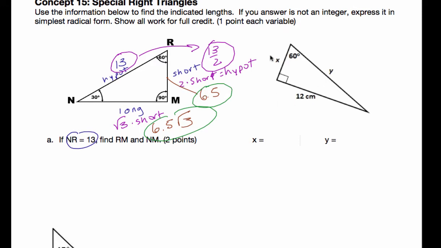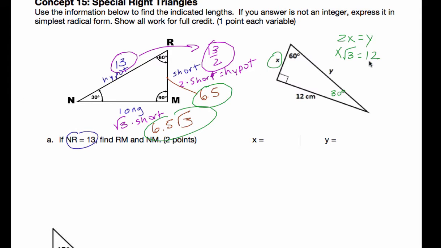Over here, this one's a little bit tricky. Okay, so 2 times the short leg, so 2x, because this is the short, because over here is 30. 2x is going to equal y, and also x square root 3 is going to give me my long leg, which in this case is 12.